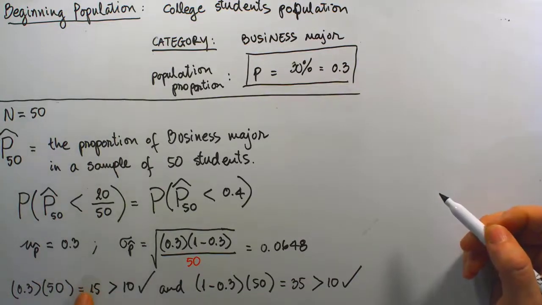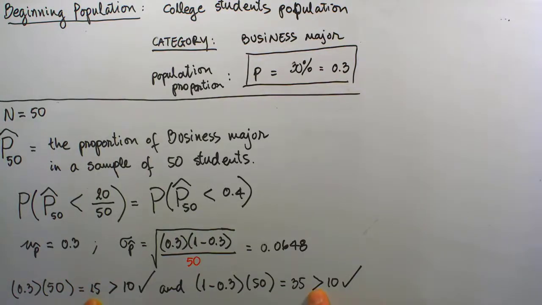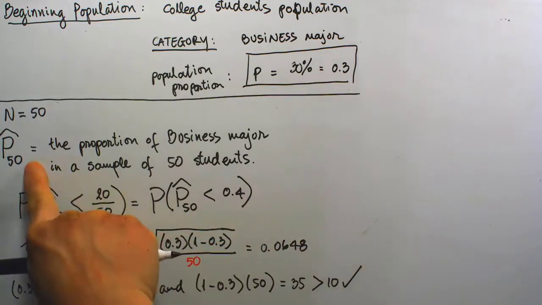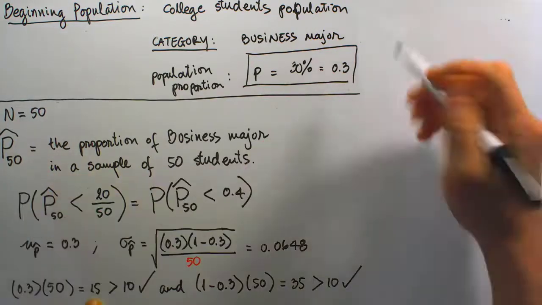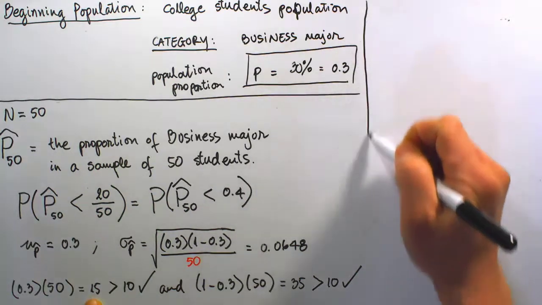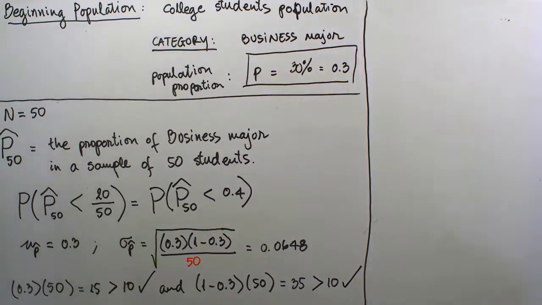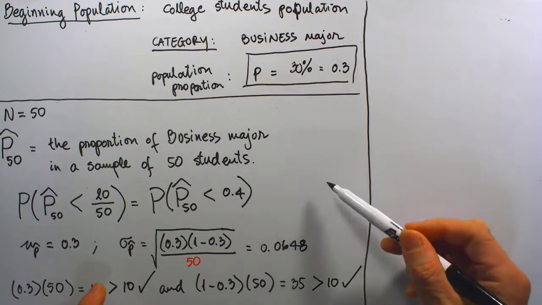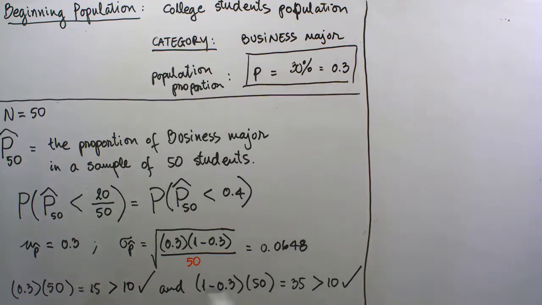So now, having passed both requirements here, that guarantees our sampling distribution of the proportion can be placed on a bell curve. Now we're ready to roll into the next step. I just want to give another remark here in case I didn't give it at the end of part A. The whole reason for checking whether we can use the bell curve to solve the problem is that there are other problems out there where the sample size may fail one of the requirements to put our data on a bell curve.